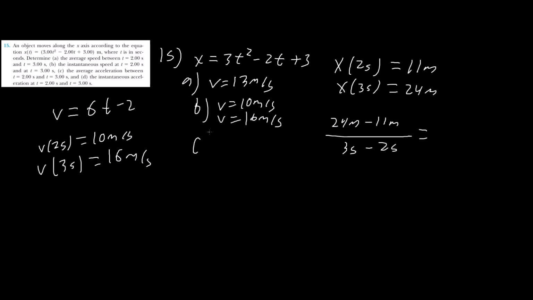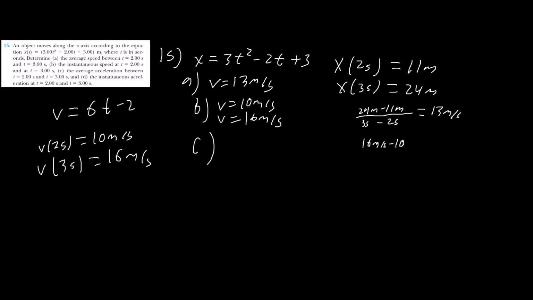But that's okay. Now the average acceleration between 2 seconds and 3 seconds. Luckily, I already wrote this down. 16 meters per second minus 10 meters per second, over the interval between 3 seconds and 2 seconds, is going to be 6 meters per second squared.